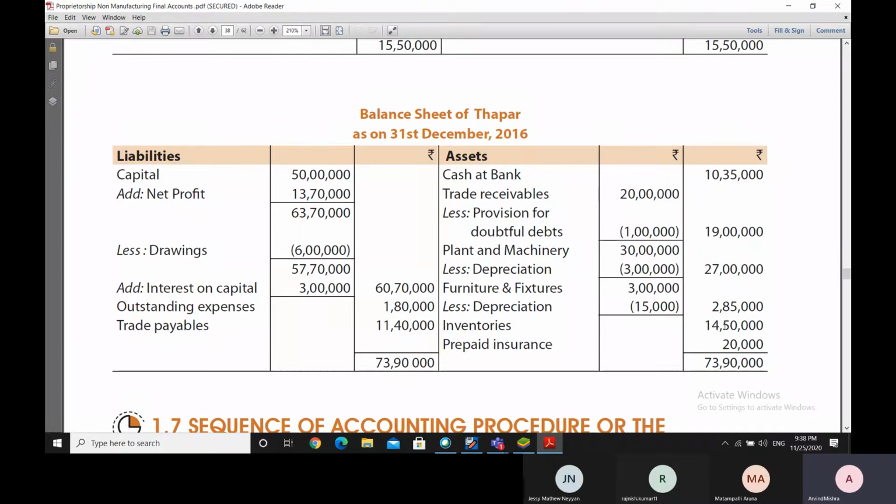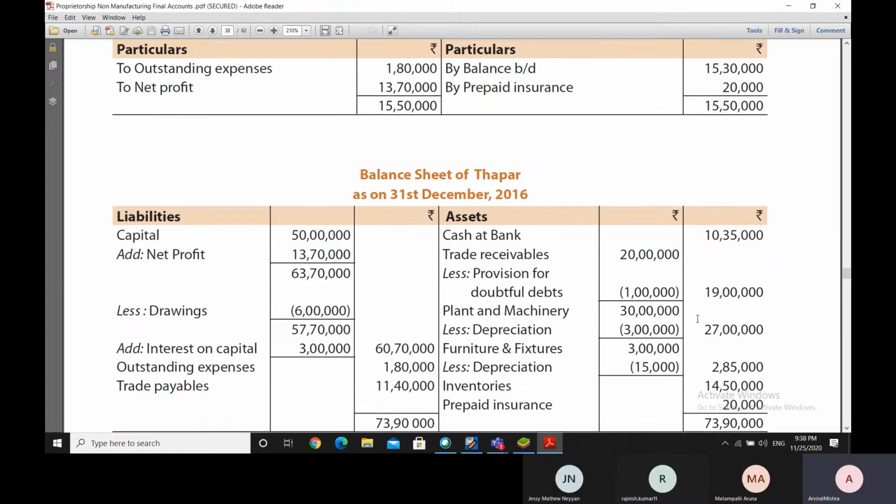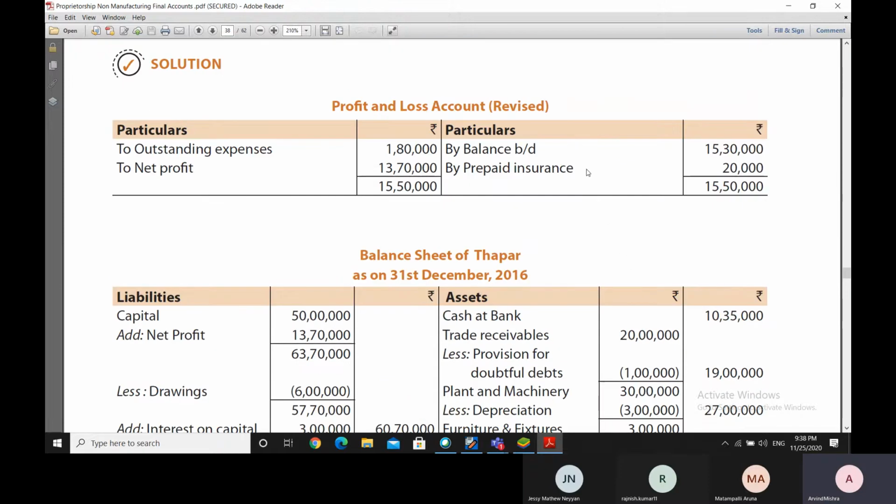The inventories are finding a place here, and prepaid insurance is an asset, because ultimately this is an investment that has been made, and therefore we are going to get it back. And since we are going to get it back, this is a sort of a receipt for us, and we can account it as a receipt or as an income in the profit and loss account.